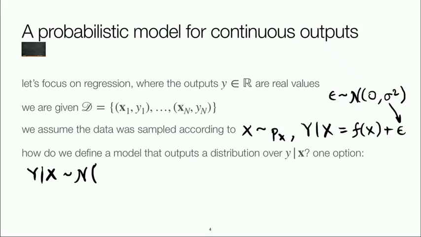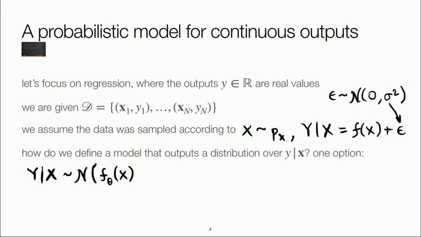So the model is going to output the mean. I'll call that f theta. So f theta is this model that has parameters theta. It takes in an x and outputs the mean, which is just a scalar, of the y that I'm trying to predict given that x.